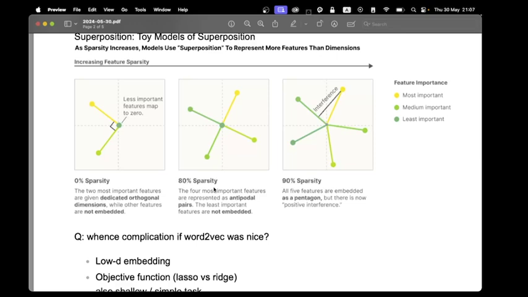Yeah, so what sparsity corresponds to is how many features there are and how many of them fire for any given input.